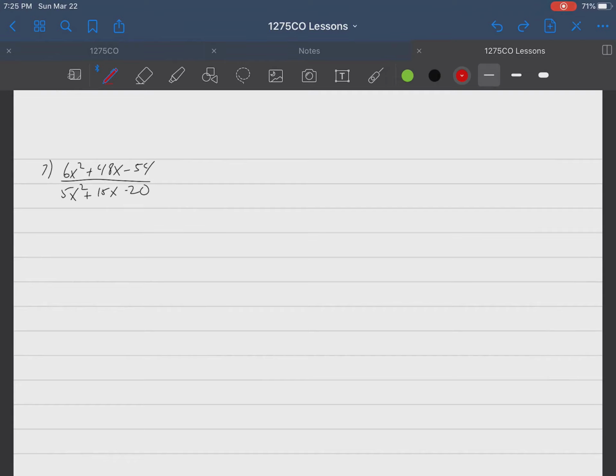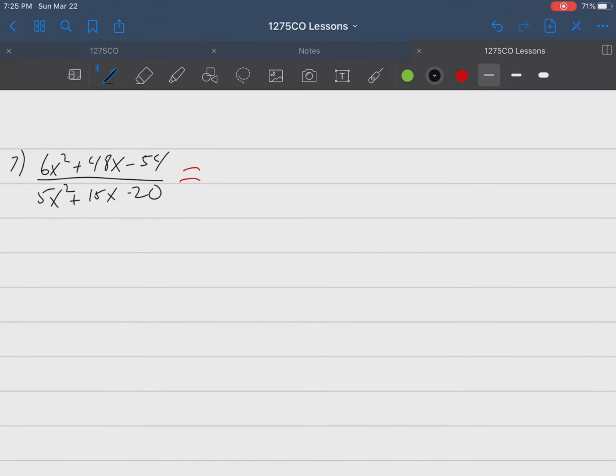Okay, so 2 more. We have some more factoring to do. Looks a little complicated, but again, the first rule of factoring is to always look for a greatest common factor. Always look for a GCF because it will make your life easier if it's there. So on top, 6 times x squared plus 8x minus 9.